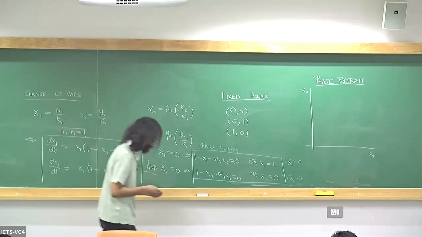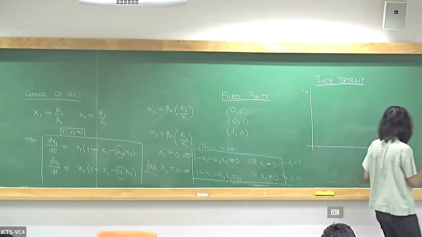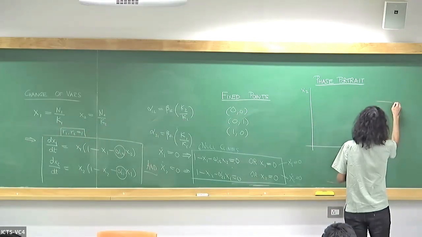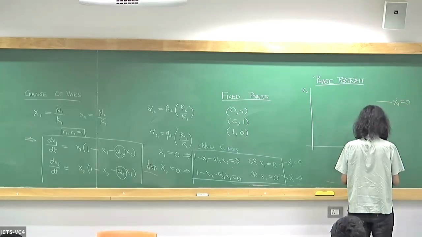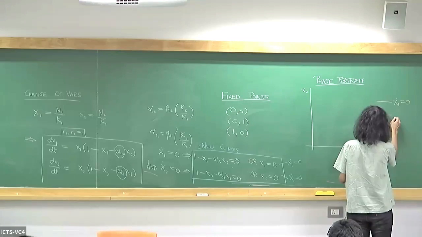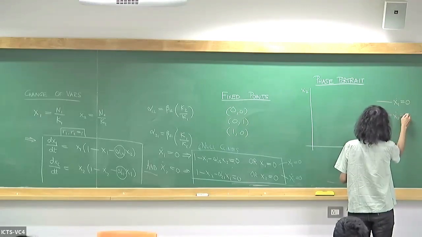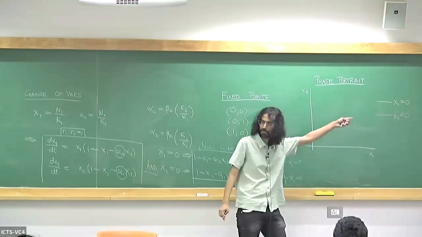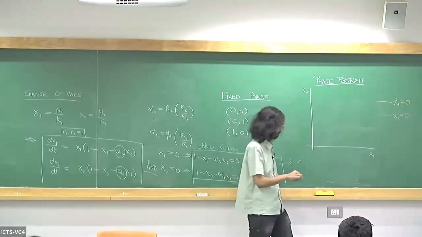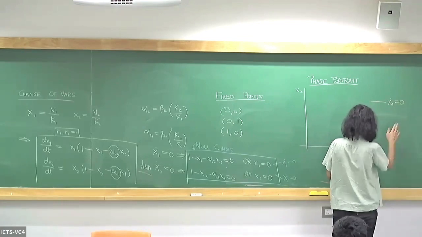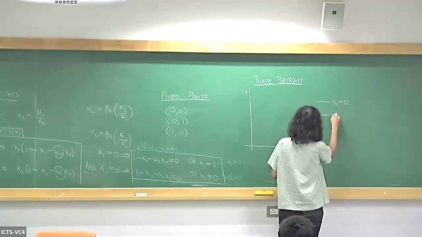Okay. So let me use the following convention. Let me use orange for x1 dot equals 0. It's another color. Let me use pink for x2 dot equals 0. Are these 2 colors distinguishable in the back? No? Maybe I'll erase these and use green instead.